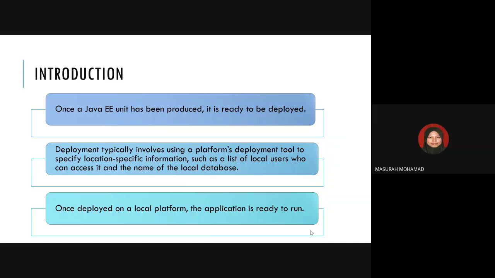It will specify the location-specific information, such as a list of local users who can access the project or system, and the name of the local database being used during the development phase. Once the project has been deployed on a local platform, the application is ready to be executed.